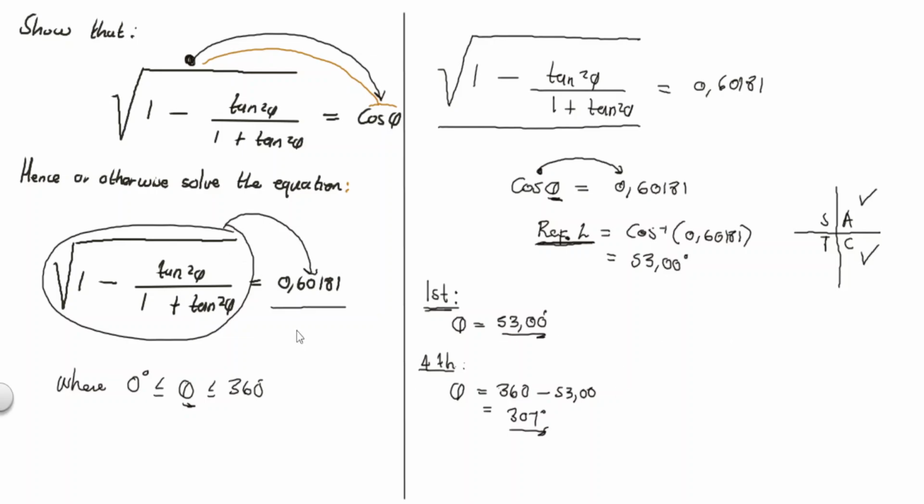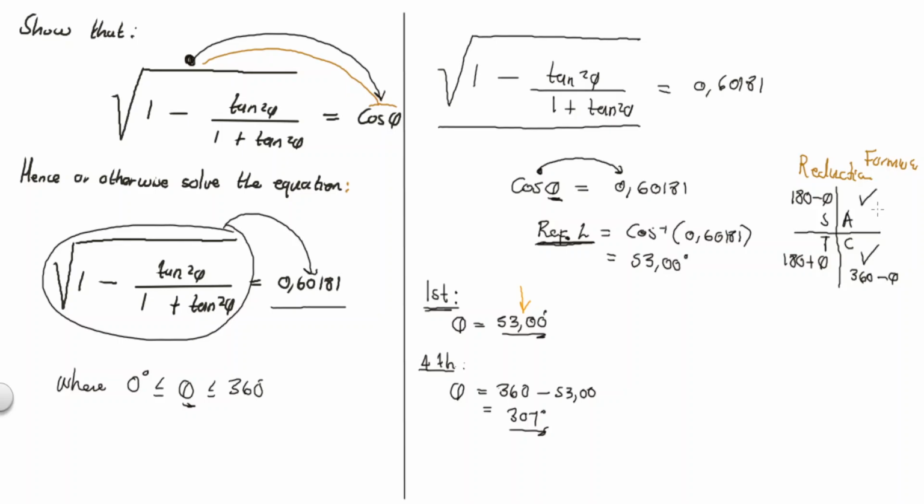But now, just a bit of an explanation as to why in the first quadrant we go 53. Why not 180 minus or 180 plus or something like that, or 90 minus? When solving equations, we get our solutions using reduction formulas. Our reduction formulas are in the second quad 180 minus, in the third 180 plus, and in the fourth quadrant 360 minus.